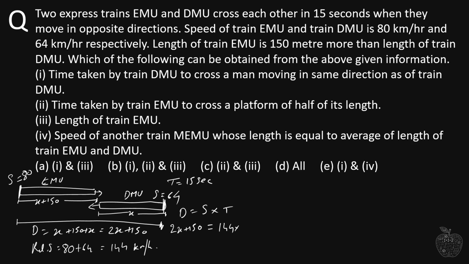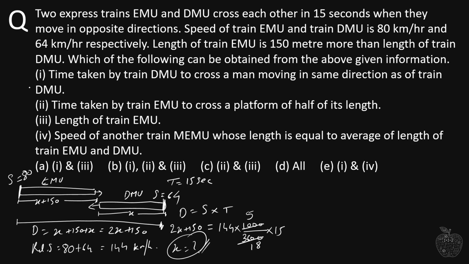So we'll convert this into meters per second. In order to do that, we multiply it by 1000, because 1 kilometer is equal to 1000 meters, and divide by 3600, because 1 hour is equal to 3600 seconds, or we can say this is 5 by 18, into the time, which is 15 seconds. I'll not solve this for x because we have one equation and one unknown variable, so after solving, we'll get the value of x.